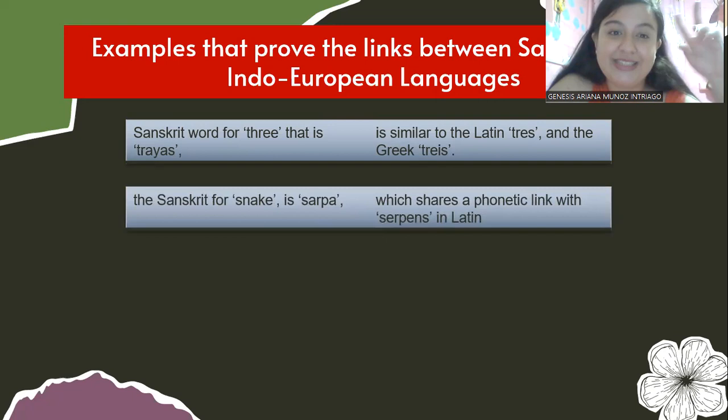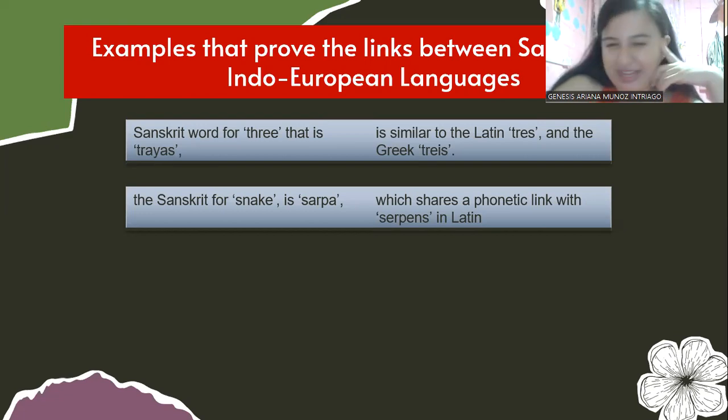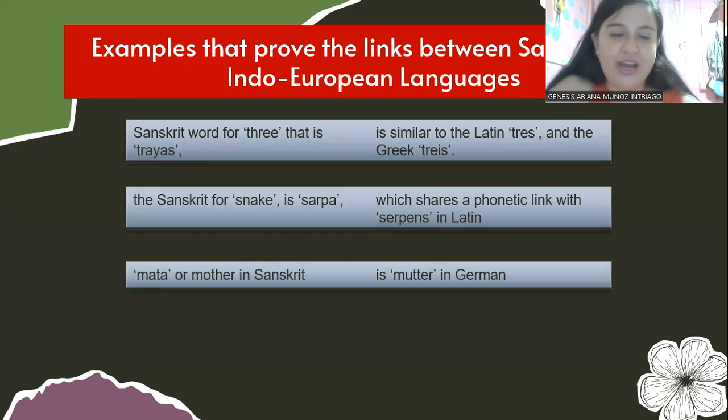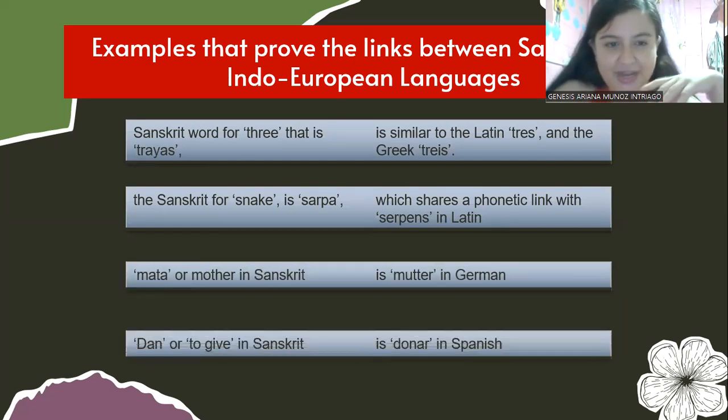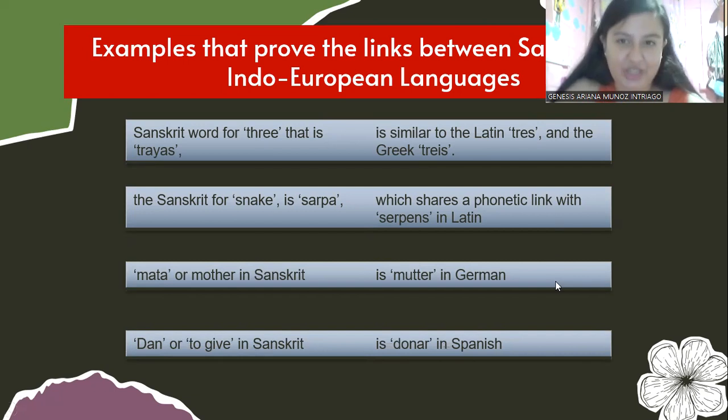The word sarpa in Sanskrit means snake, and shares a phonetic link with serpens in Latin, okay? Then we have mata, or mother, in Sanskrit, which is Mutter in German. And finally, we have the word dan, which means to give, and which is donar in Spanish, okay?